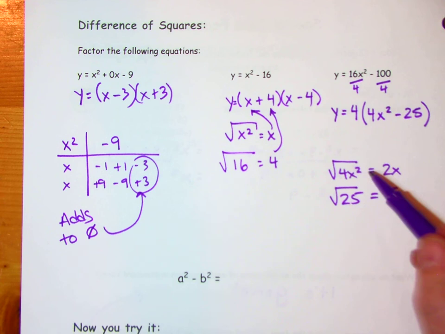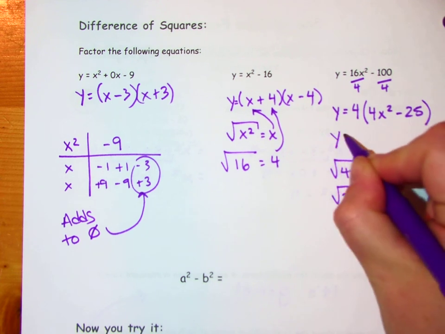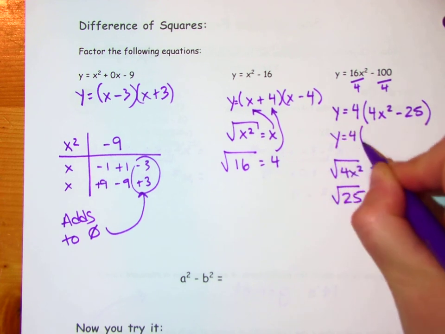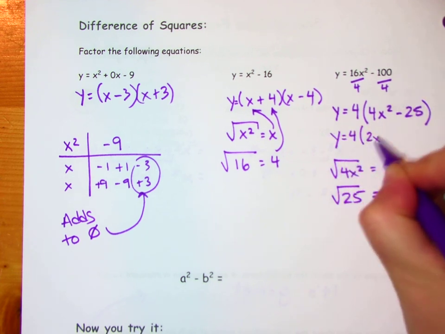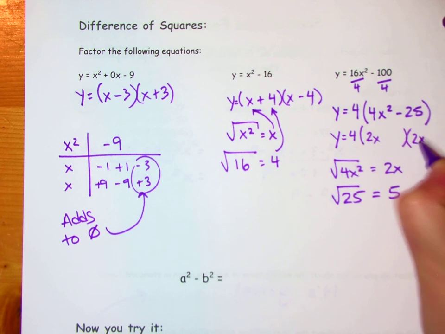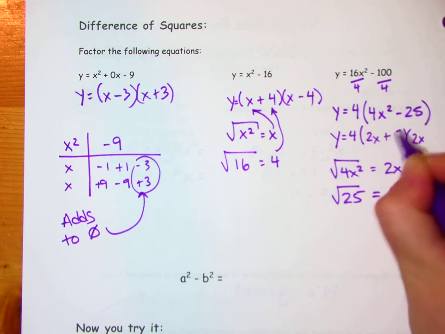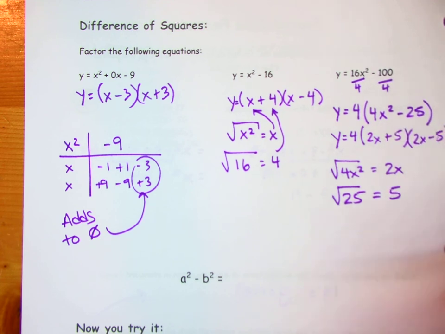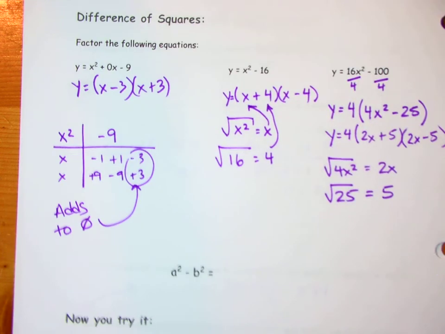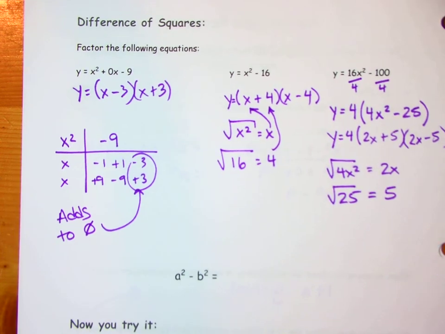Here's the 2 squares. I can quickly write that out: there's the 4, I have 2x at the start of each bracket, and plus 5 in one, minus 5 in the other. That's the quick way of looking at it.